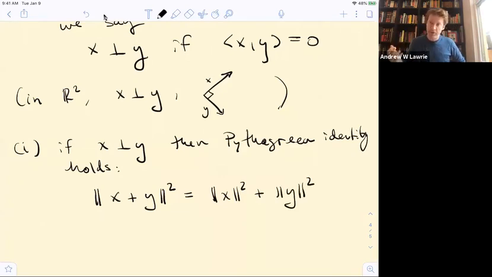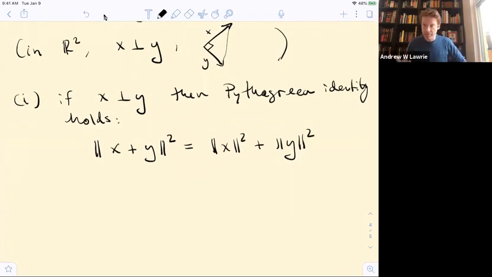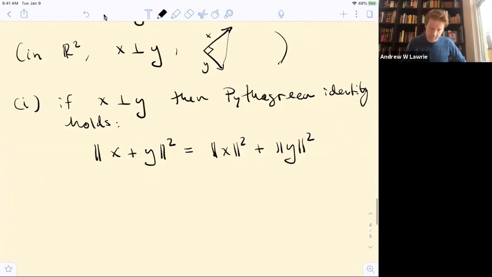So if you have two perpendicular vectors, then the Pythagorean theorem holds, which you can see by completing the triangle in this picture here in R2. But this holds in general. We've made the Pythagorean theorem more abstract.